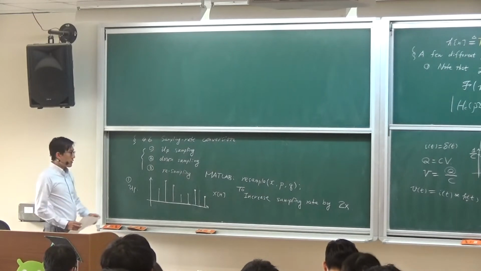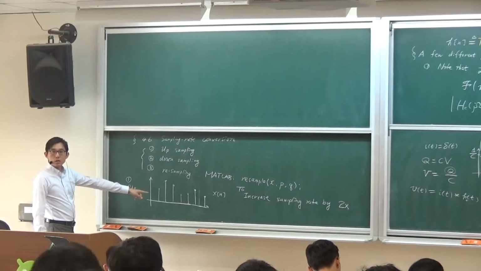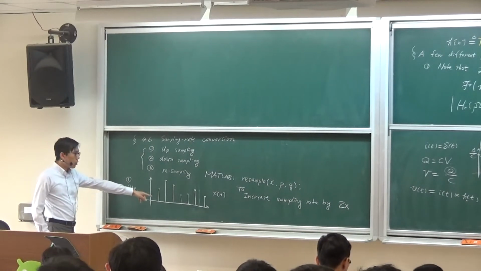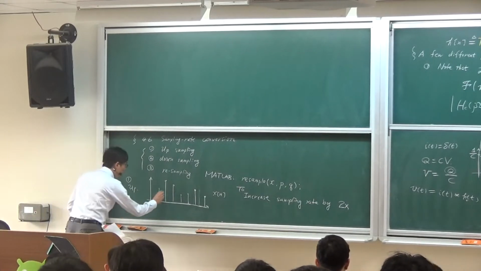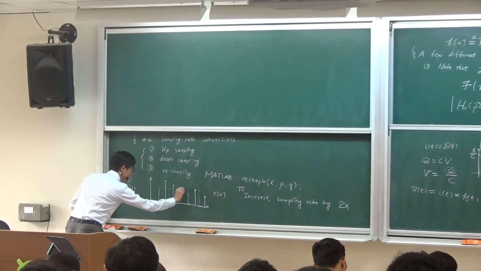That means that somehow we need to insert more points in between samples. That's the meaning. Okay? So what should happen in half integer places?